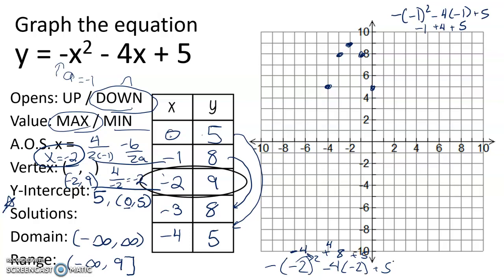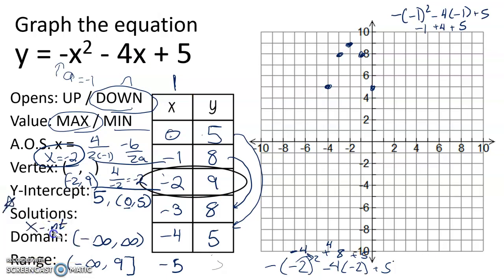Now, solutions, once again, are the x-intercepts. Well, I don't really have any of these points that are intercepting the x value, so what I'm going to do, let's just go up. Let's go up 1 and go back down 1, okay? And let's see if I plug these in, I'll get 0, because what I'm wanting to do is I'm wanting to get a 0 in the y column here, all right? That's what I'm looking for. So let's plug in 1, all right?